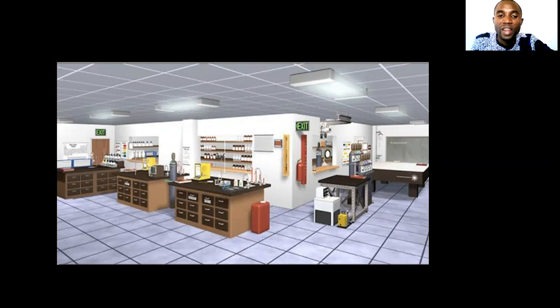But it's expected that you should see benches, reagents, which are the chemicals, on the shelf, and a fire extinguisher must be there, along with gas cylinders and all of that. So this is an example of a chemistry laboratory.